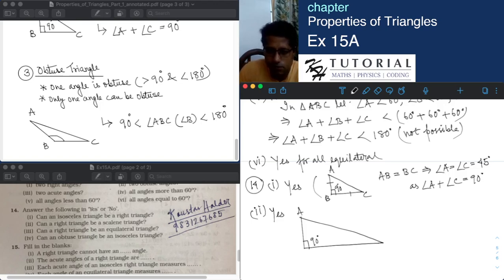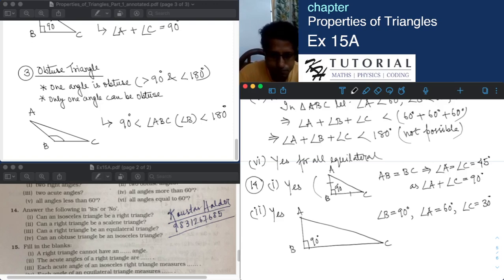Let's say the triangle is ABC, angle B is 90 degree, and of course we know that angle A and angle C will be acute angles and their sum will be equal to 90 degree, but we can always have unequal angles A and C. Let's say angle B 90 degree, angle A 60 degree, and angle C 30 degree. We know that if all the angles are different in a triangle, it automatically implies that the triangle is a scalene triangle. That is, the lengths of the sides of the triangle are unequal.